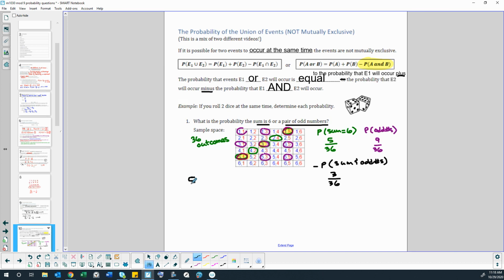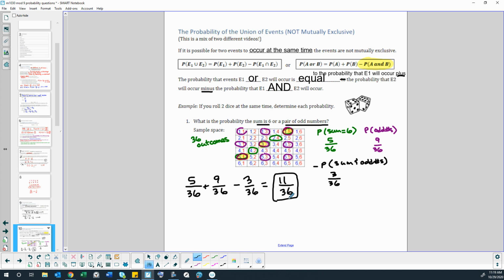So we have 5/36 plus 9/36 minus 3/36 gives us 14 minus 3, 11. So 11 over 36. So the probability of getting either a pair of numbers that add up to a 6 or a pair of odd numbers is 11 out of 36, which is about 30%.